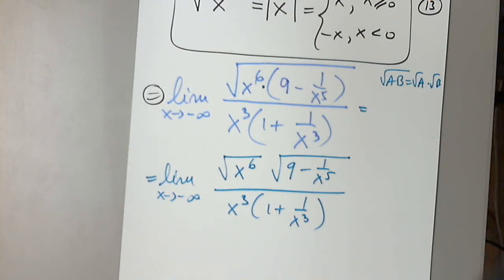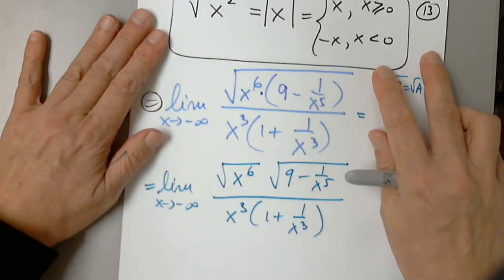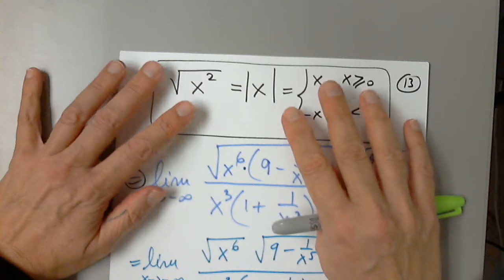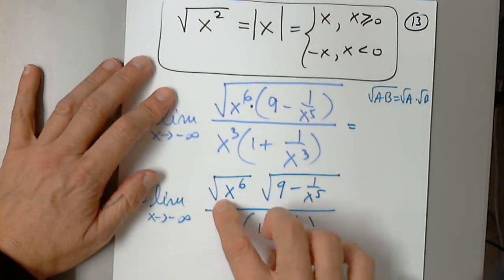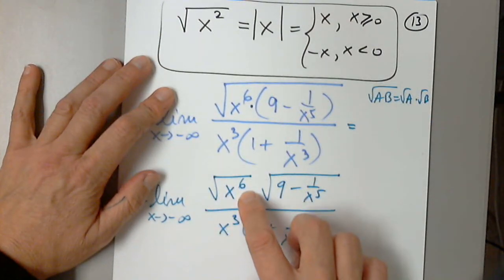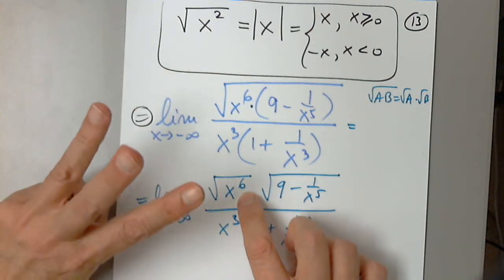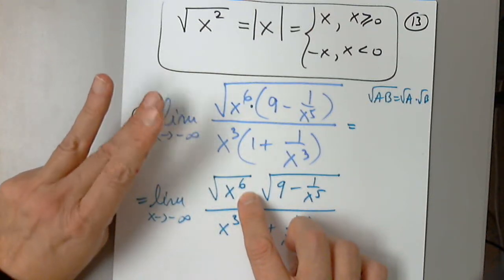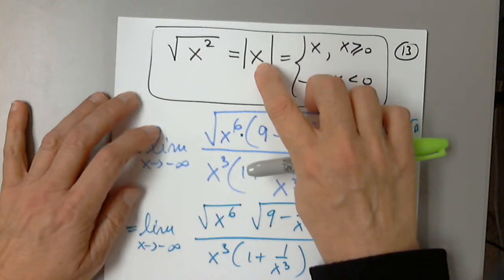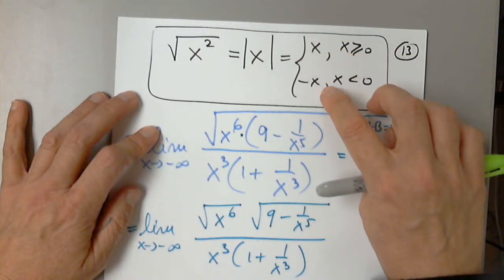Now the moment of truth. Coming back to this definition. When I take the square root of x to the sixth, I get x to the third.